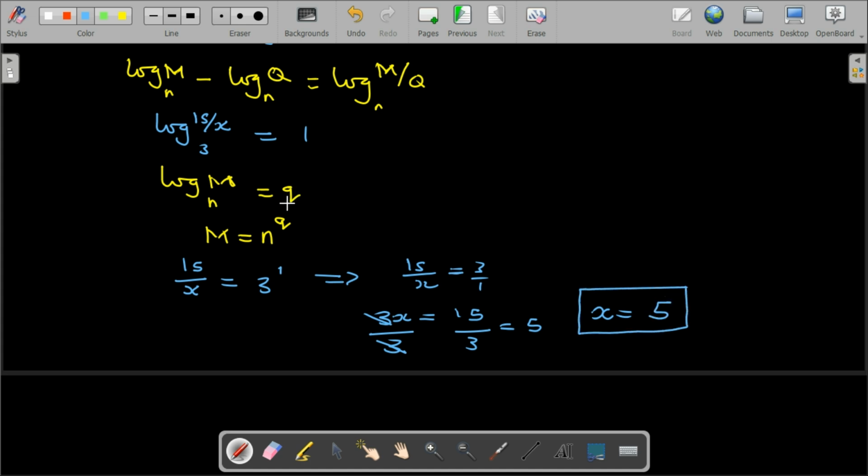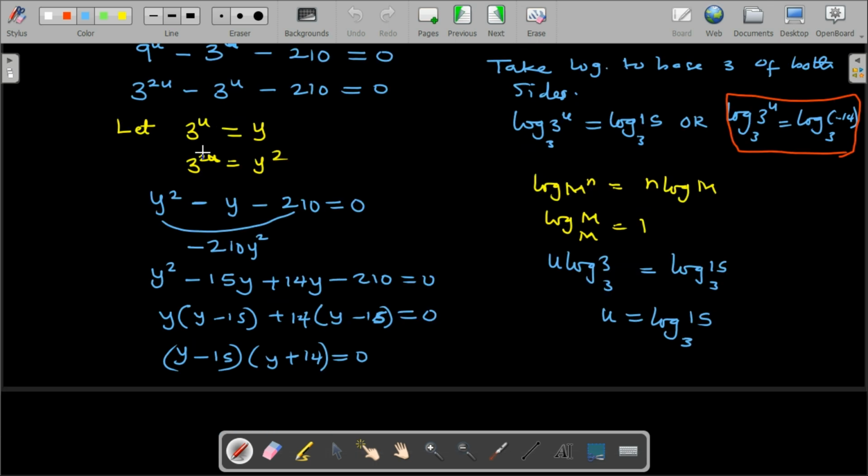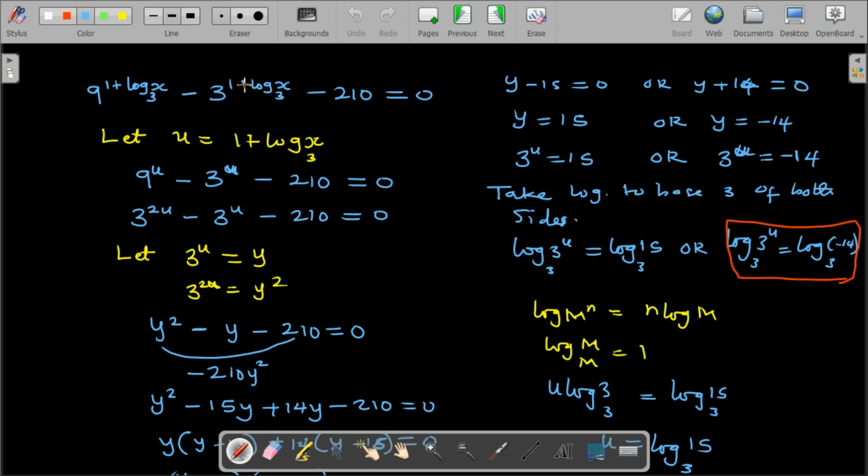So the solution to the exponential relation we started with is x equals 5. So that brings us to the solution to that exponential equation.